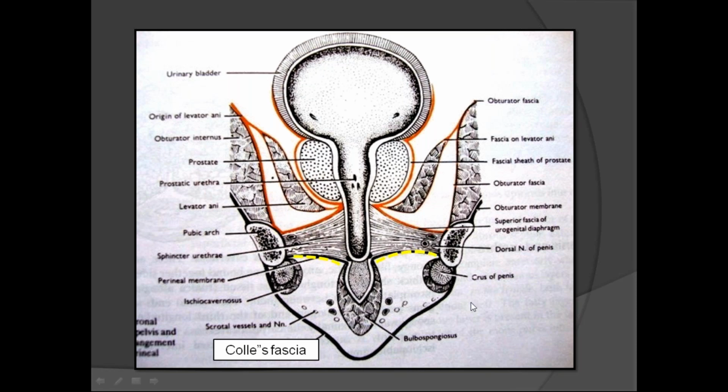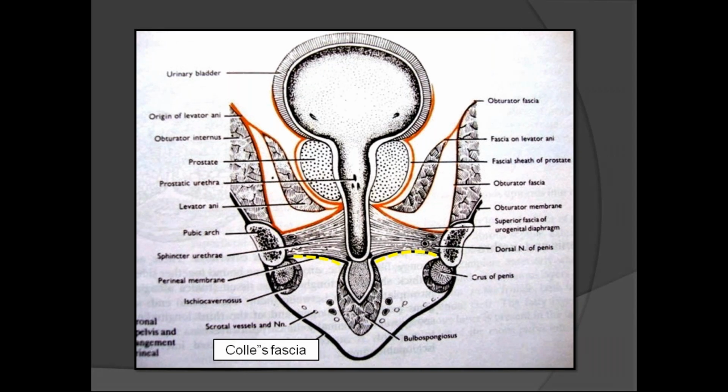Next, the yellow dotted line represents the perineal membrane. Another name for the perineal membrane is the inferior fascia of the urogenital diaphragm. The urogenital diaphragm is formed by two muscles, all of you know: sphincter urethrae and deep transverse perineae.